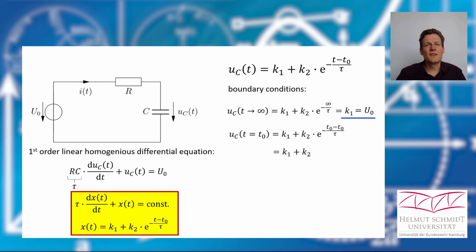I said that in the beginning the capacitor was completely uncharged. And that means that the voltage was 0 when the switch was still open. But in the very moment where we close the switch, the voltage at the capacitor can't change its value rapidly, and that means that in the very moment where we close the switch, the voltage at the capacitor is still 0.